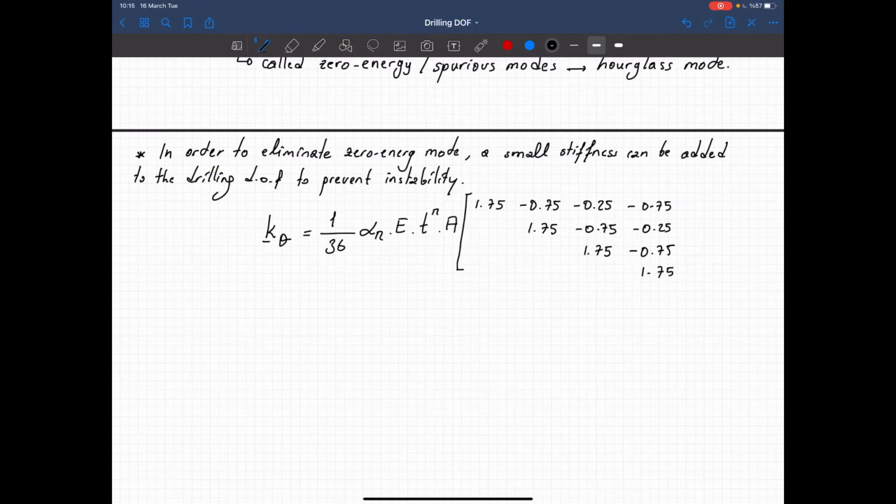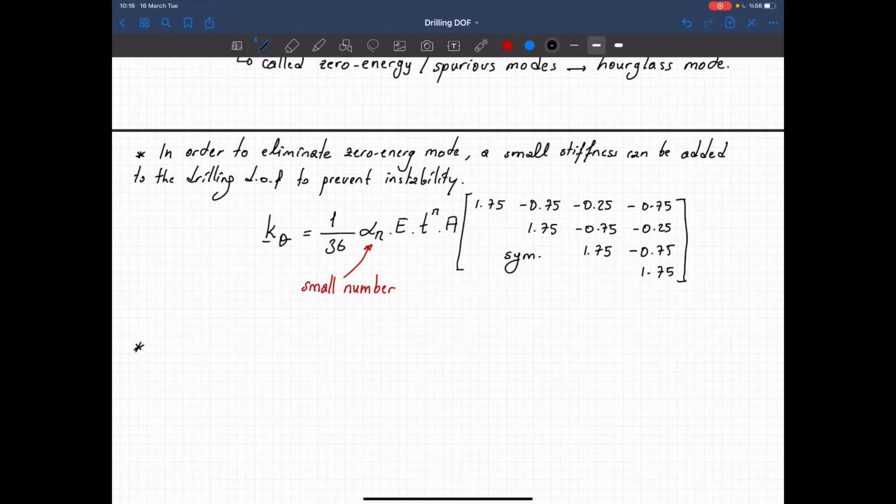And if you take the determinant of this matrix, you will see that it's equal to 0. And this is a small number. You can put an extremely small number, provided that it doesn't cause any numerical problems in your solution algorithm. So that's an easy, simple, effective way of doing it. We just provide some stiffness, but there should be a better method. Aren't there any better methods?